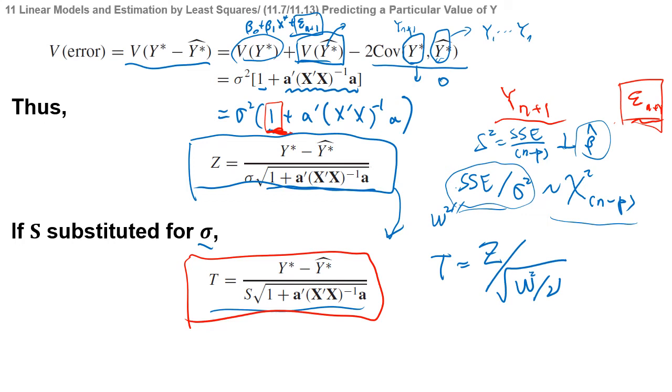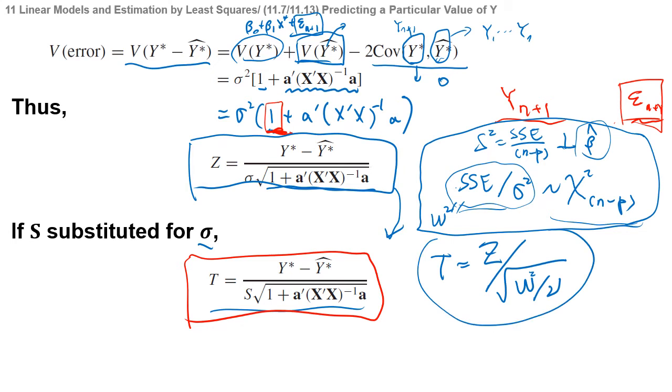Using this thing and this thing, you can derive that this result follows a t distribution with n minus p degrees of freedom. Okay.